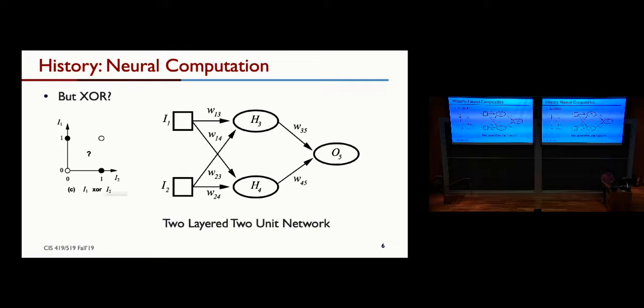Okay, so somebody, I don't remember the name, showed in the 1950s that if you stack up 2 linear threshold units in this manner, in this 2-layered 2-unit network, you're able to model XOR now. Can anybody try to give an intuition of why this would work? If you can see it?